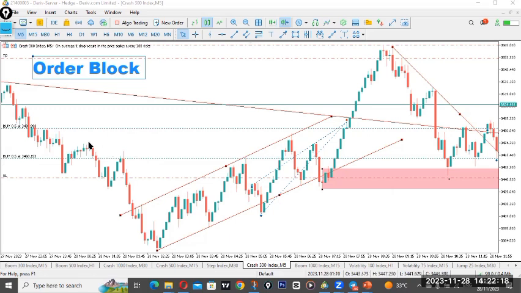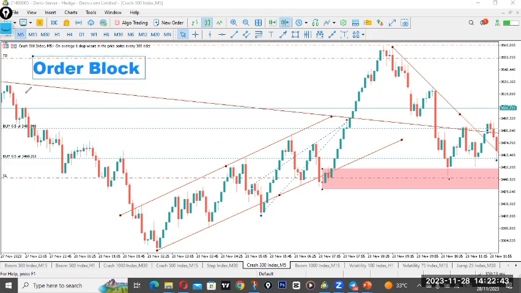When we got the change of character here, price went up and then came back, retested this level that was broken, and then pushed up again. When price pushed up, you can see it did the same thing.